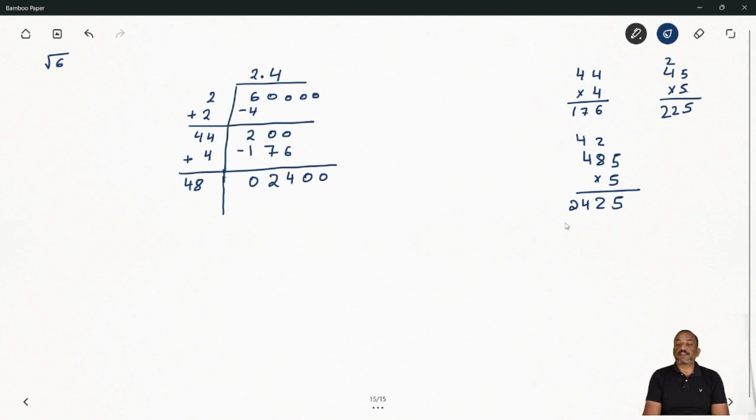Okay, so you can see it is coming greater than 2400, so we cannot consider 5, so we can try with the 4 here, so 4 times 4 you will get 16, carry 1, so 4 times 8 you will get how much? 32, 32 plus 1, 33, carry 3, now 4 times 4, 16, 16 plus 3, 19, you can go with the 19.